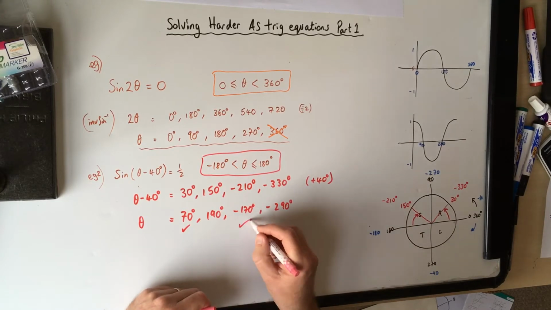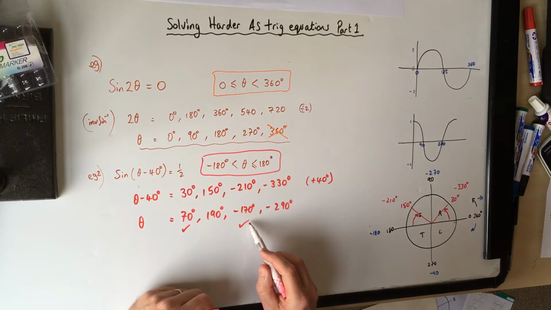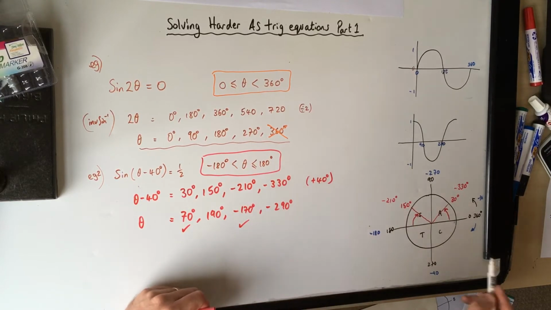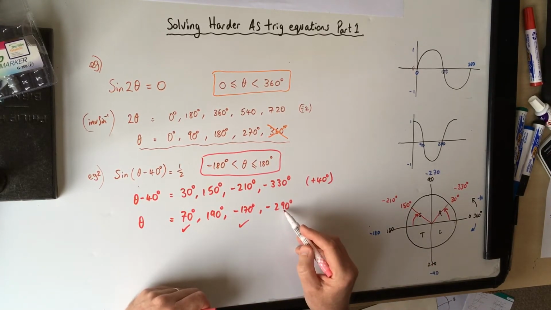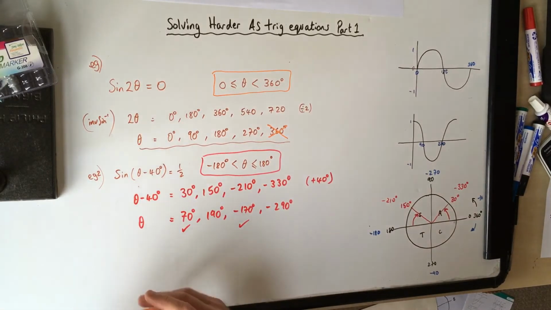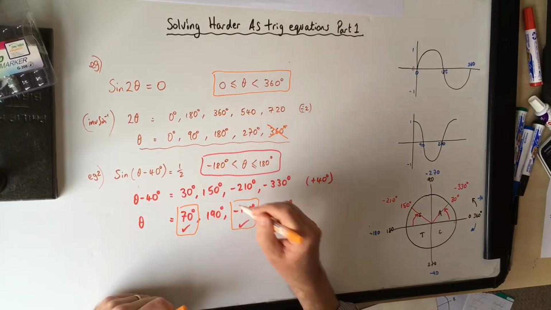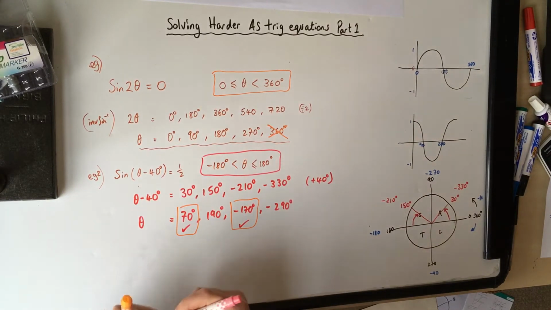Minus 170 was outside of the range, but it's now fallen inside of the range, so it was wise to include that, and that one is still outside of the range, isn't it? So this one and this one are the two that I want for theta.